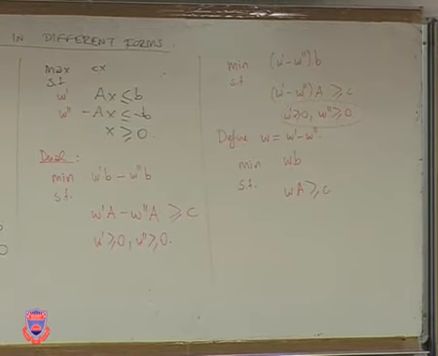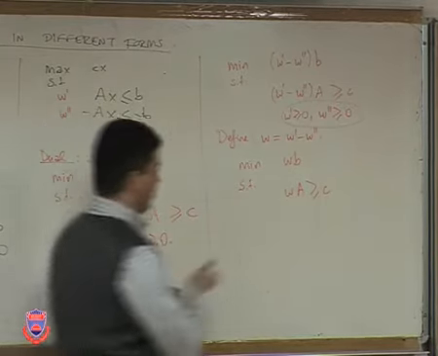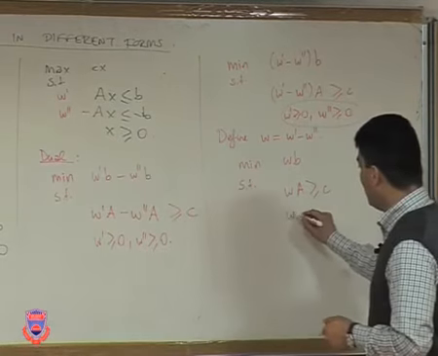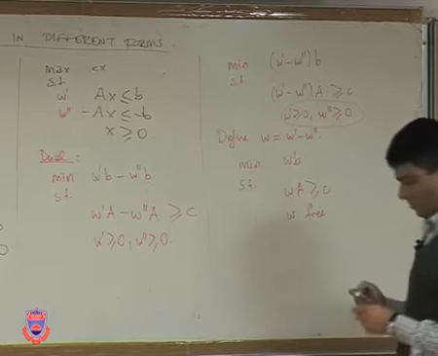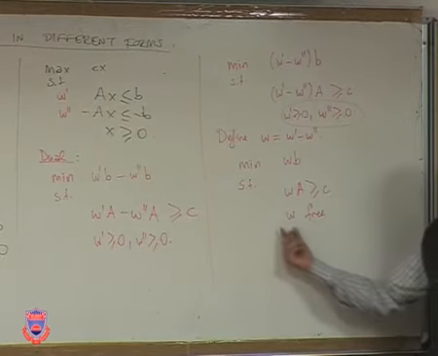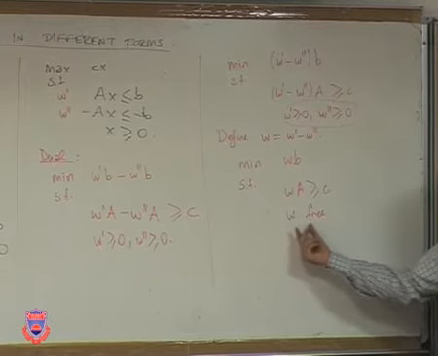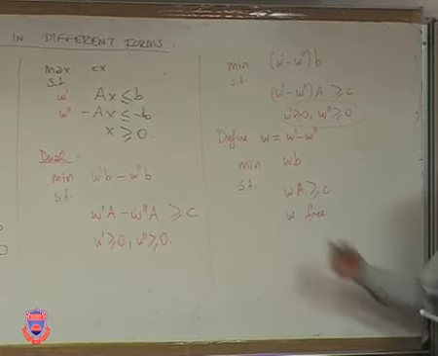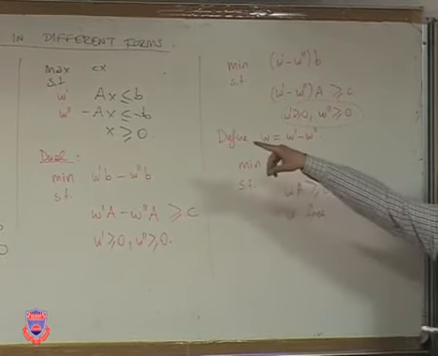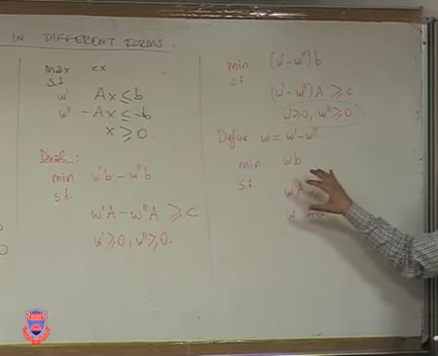So we have the difference of two non-negative variables. So what can I say about the sign of W? Well, the sign of W can be anything, basically, okay? It can be positive, it can be 0 or negative. So as a result, to signify that, I'm going to simply say that W is just a free variable, okay? Of course, W is a vector of variables, basically, okay? So as a result, W is just free. And this is the dual problem corresponding to that primal problem, okay?